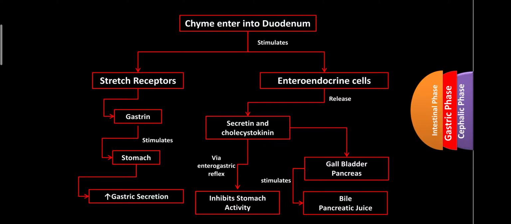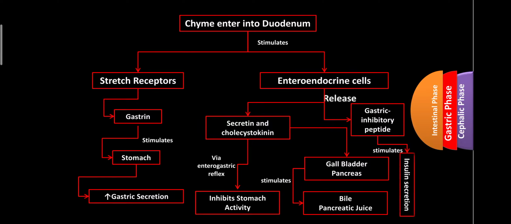On the other side, stimulation of endocrine cells causes the release of gastric inhibitory peptide. This gastric inhibitory peptide on one side inhibits gastric activity, and on the other side stimulates the release of insulin, and insulin helps regulate carbohydrates in our body.